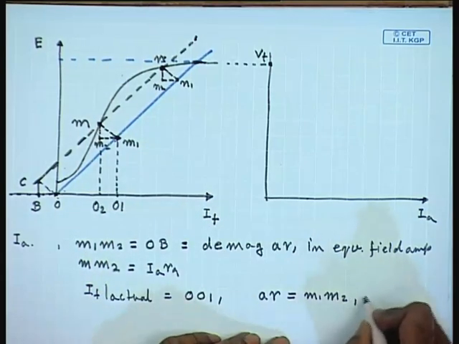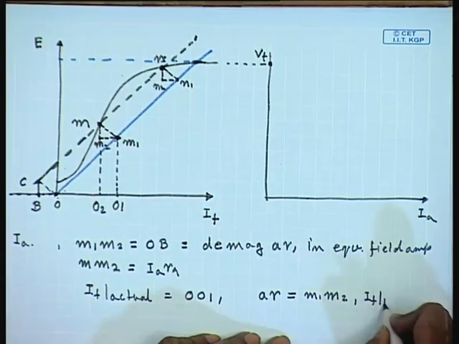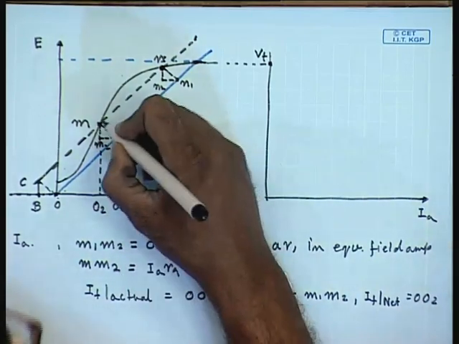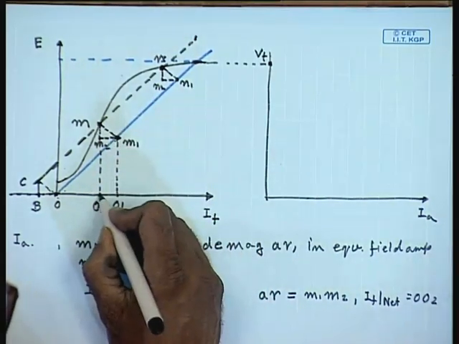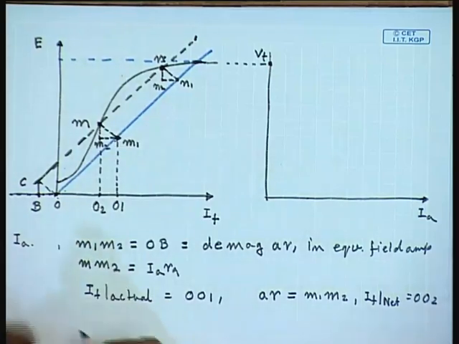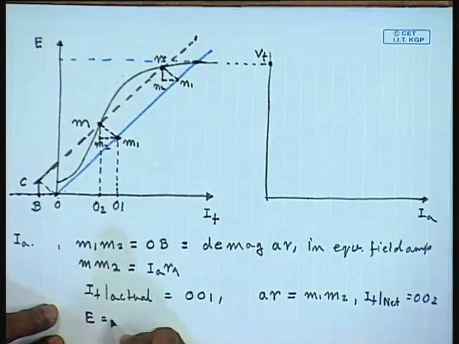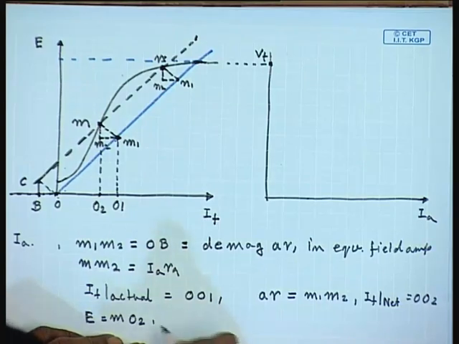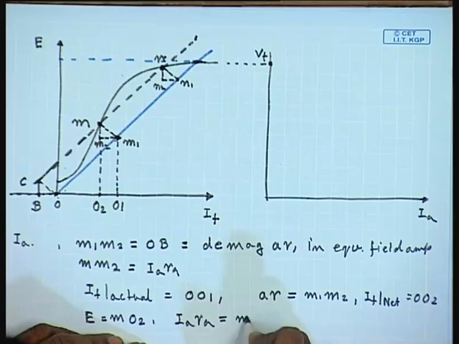IF net equal to O O2. The corresponding induced voltage E equal to M O2, and IA RA equal to M1 M2.